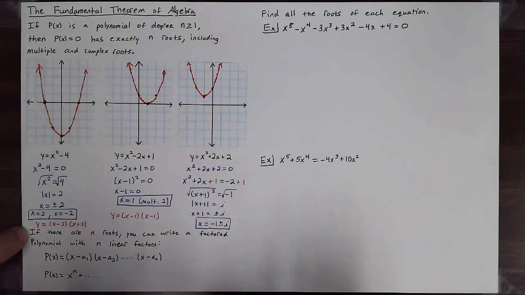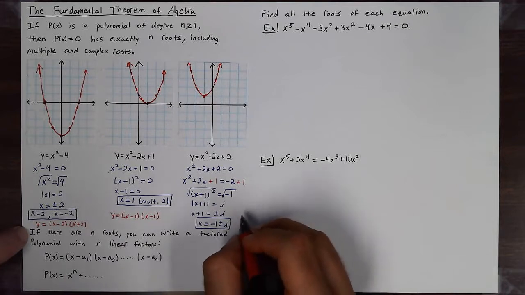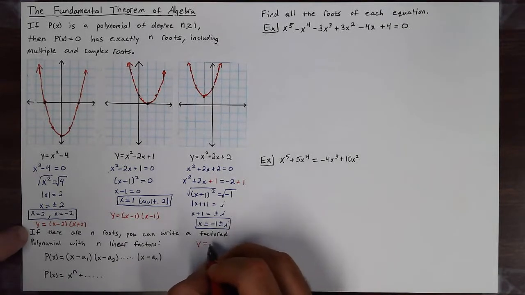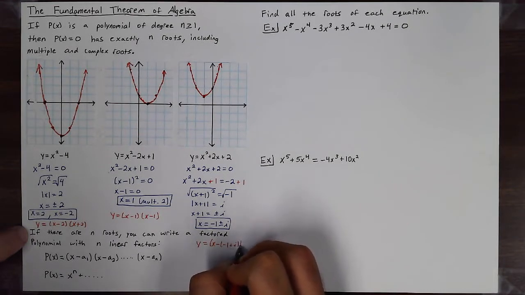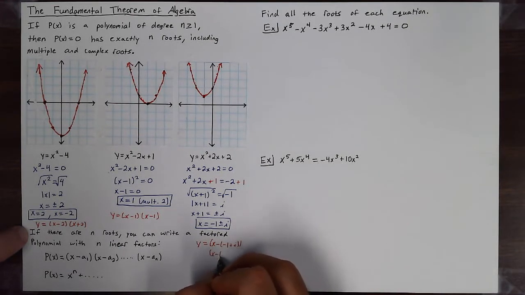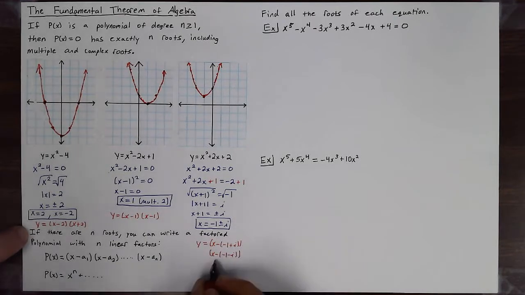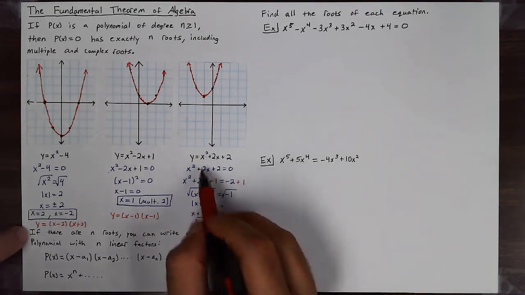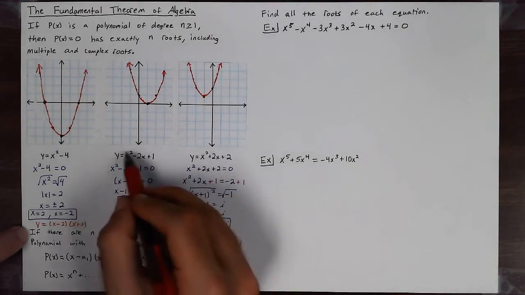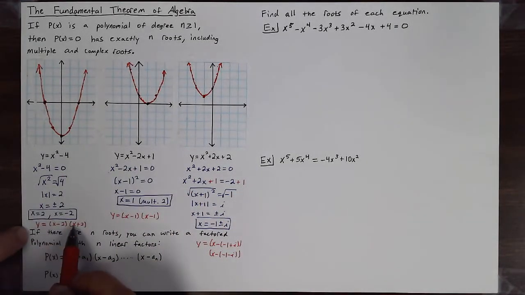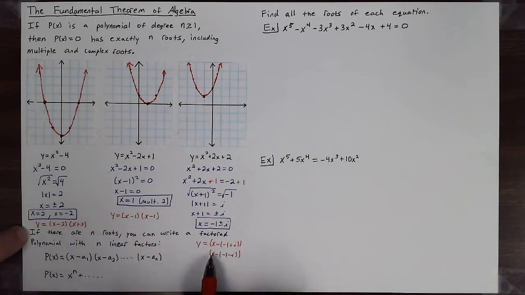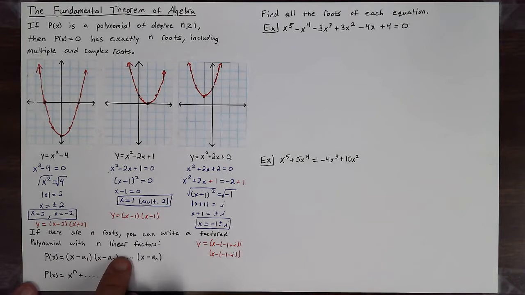And over here, I can write y is equal to x minus negative 1 plus i times x minus negative 1 minus i. So two factors, but whenever you multiply them out, you'll always end up with x squared, because it's just x times x for that leading term. So if I had n of these, x times x times x n times, I'll end with x to the nth power, and that's the degree of the polynomial.